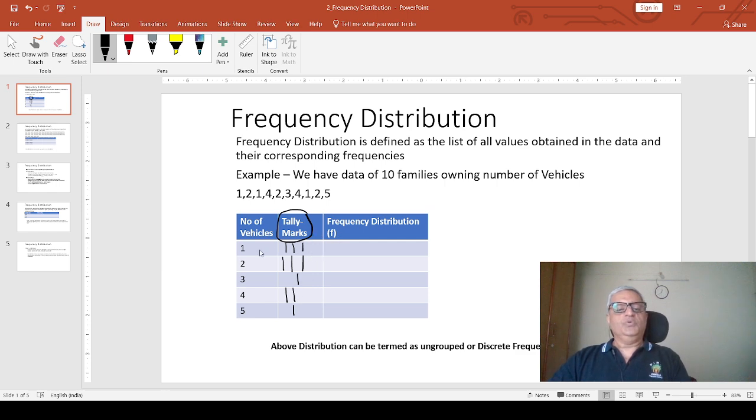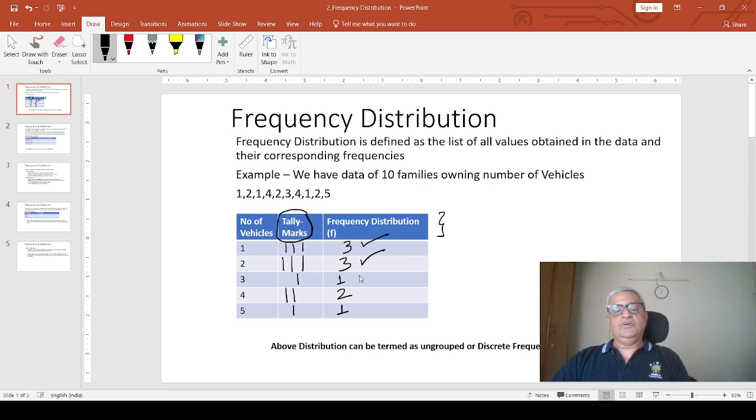Now what do I do? I just count the number of vertical lines. So this is 3, 3, 1, 2, and 1. How do I read this data? I say I have 3 families who have one car. I have another 3 families who have 2 cars each.